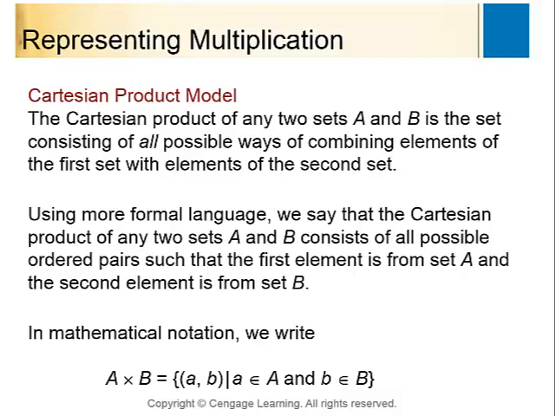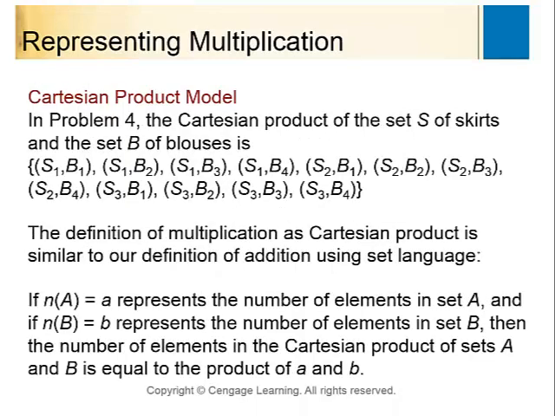A little easier way to look at this is with our skirts and blouses, and what we were looking at before with that Cartesian product model was the general. This is specific to my 3 skirts and 4 blouses, so that's specific to that.